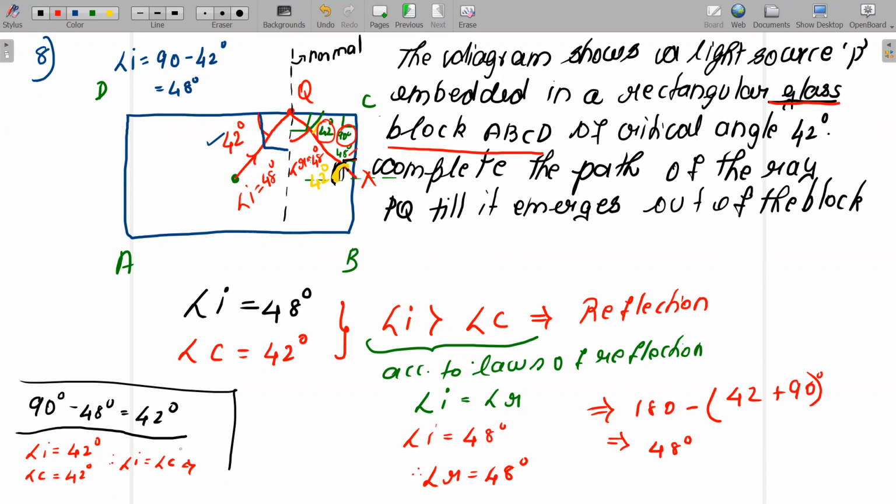No. Grazing emergence. Right. Very good. It will undergo grazing emergence. That means through that line, this particular ray will pass like this. Understood? This process we call grazing emergence. Please check, children, you understood all the steps first.